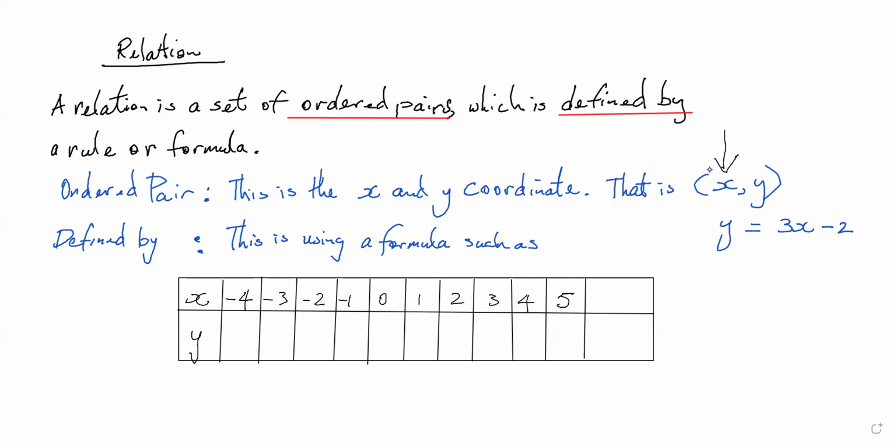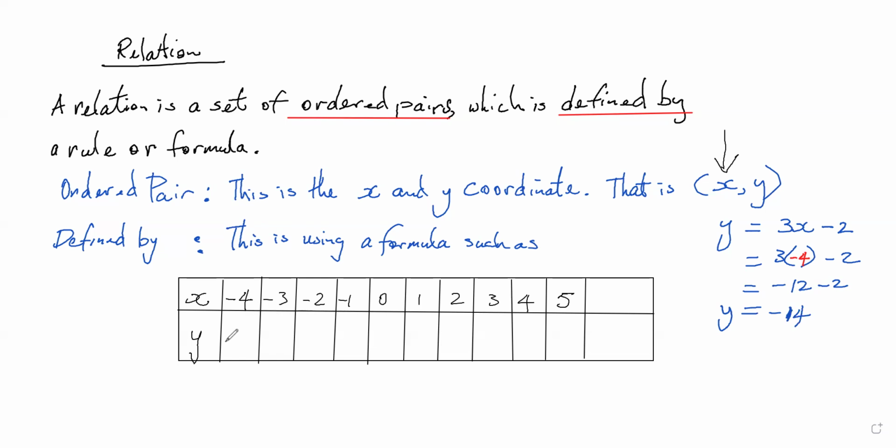Right, so when I substitute x, it will now be 3 times, but x would be -4, minus 2. -4 times 3 is -12 minus 2. So y is equal to -14.